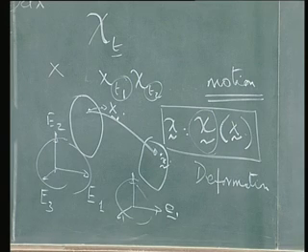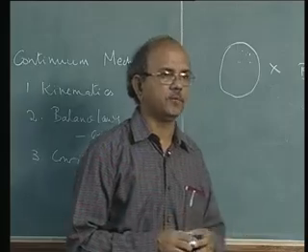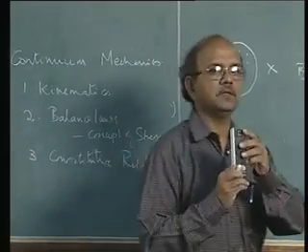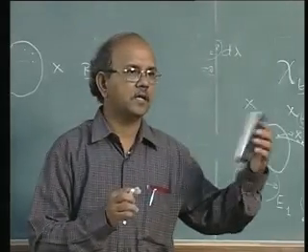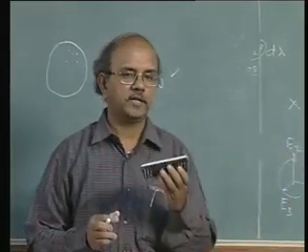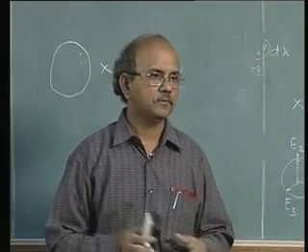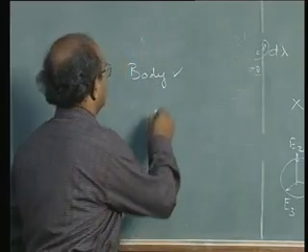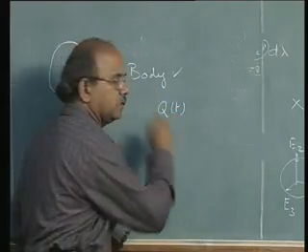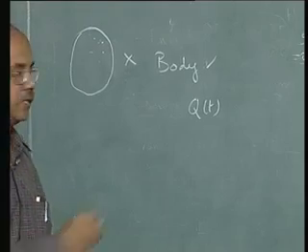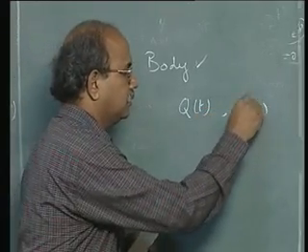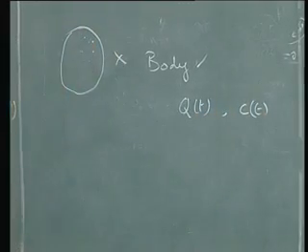This concept is very simple. You know that when we say rigid body motion, this body may translate and rotate, or rotate and translate. So there are two things that are involved: a vector, and a tensor, which is called Q, and a translation which is called c.